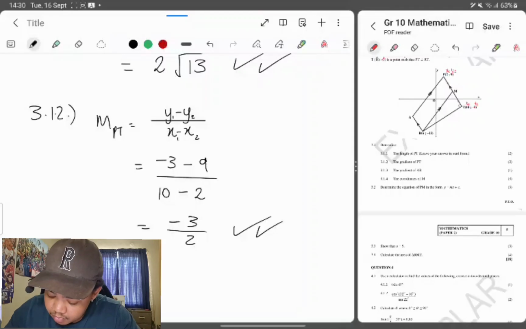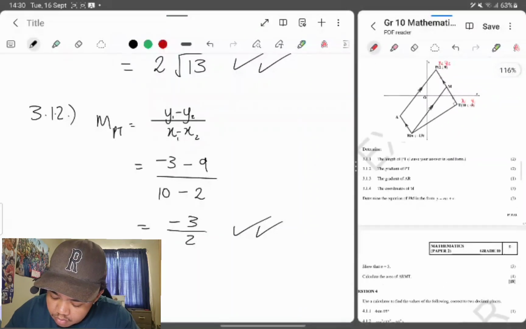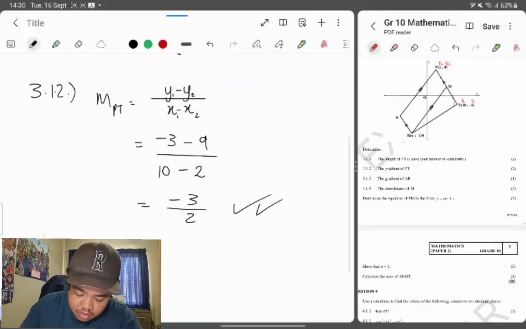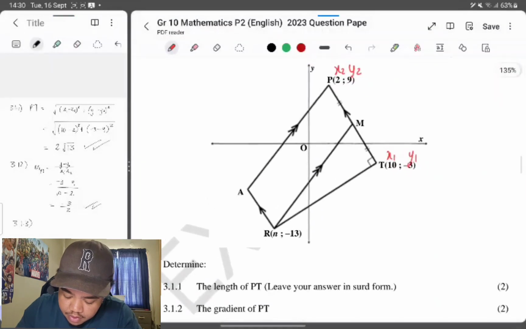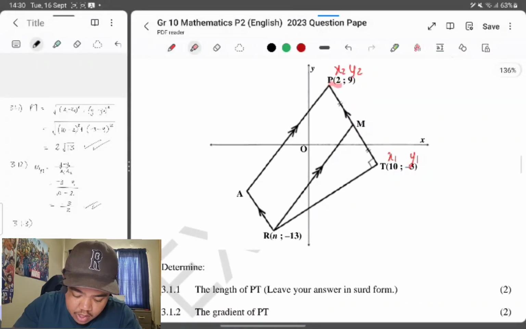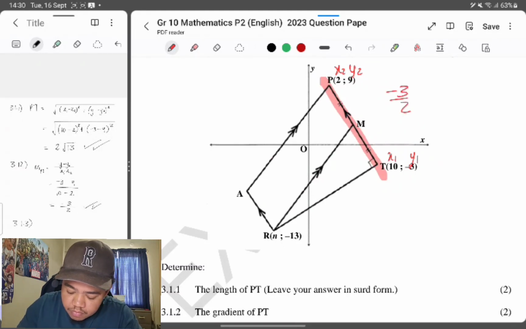We are moving. The gradient of AR. And you can see it's only 1 mark. And you're probably wondering why is it only 1 mark, but the other one was 2 marks. I'll show you now why. It has to do with our reasons, the theory work. So we calculated this gradient to be negative 3 over 2, right?